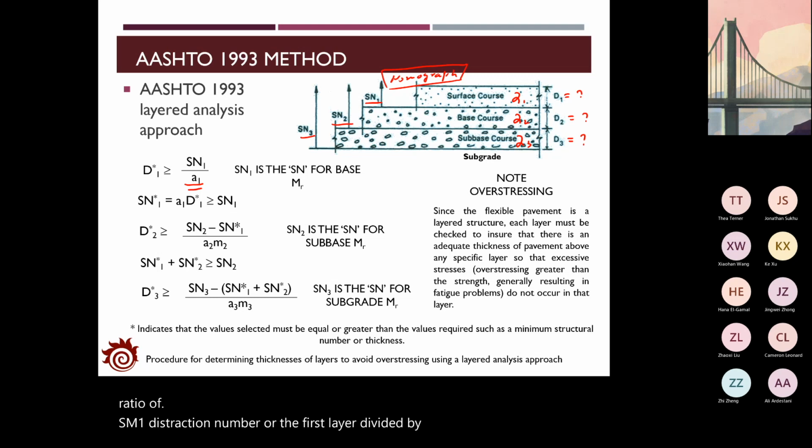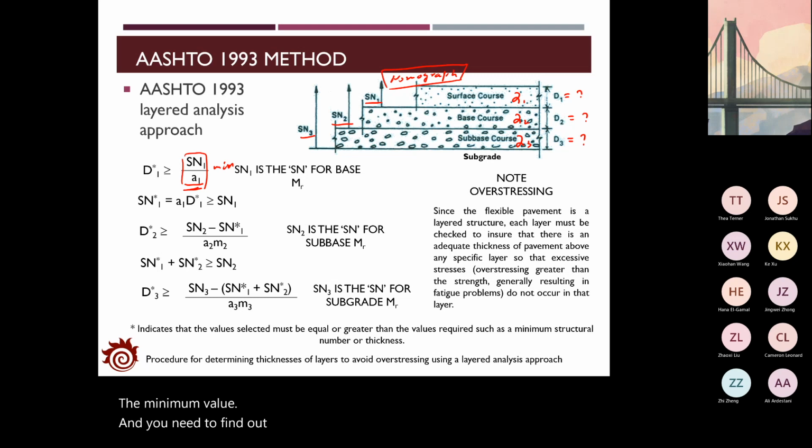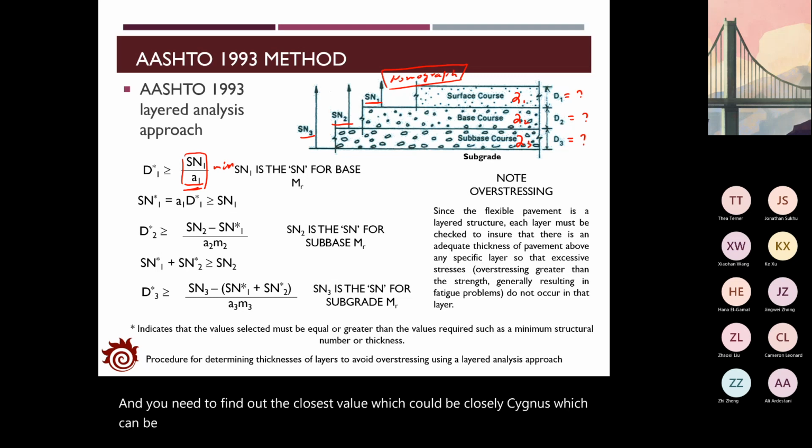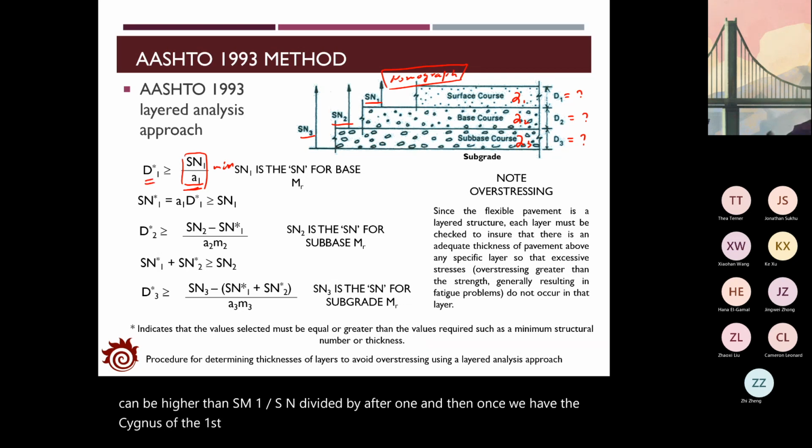And this should be the minimum value. And you need to find out the closest thickness, which can be higher than SN1 divided by alpha 1.